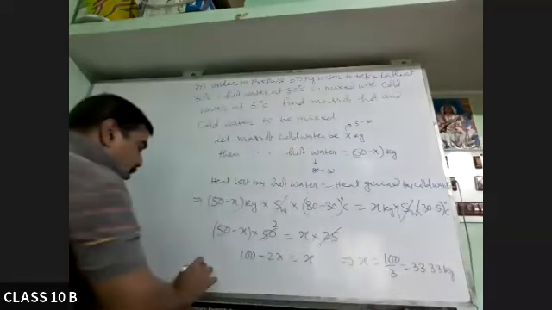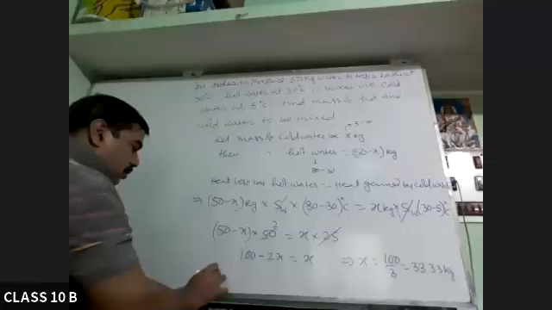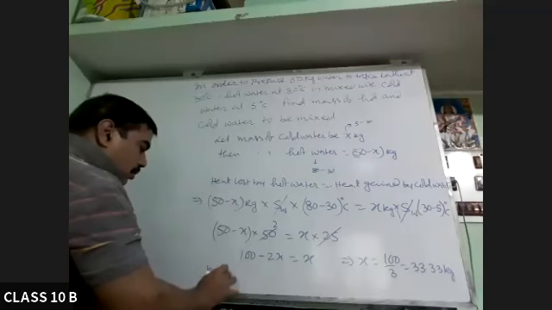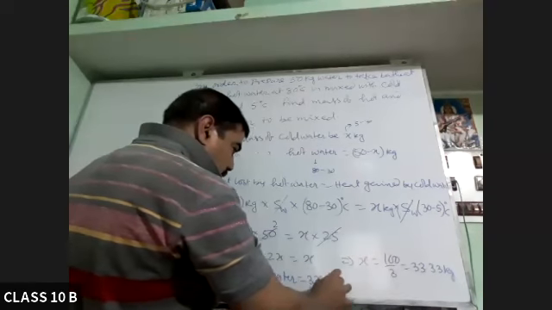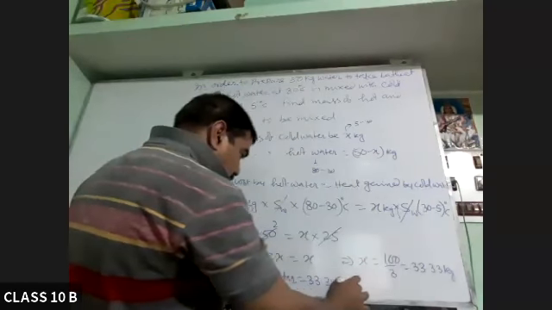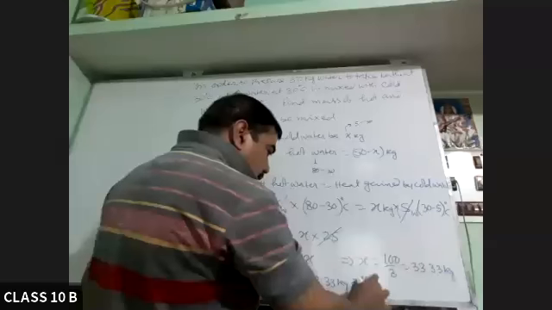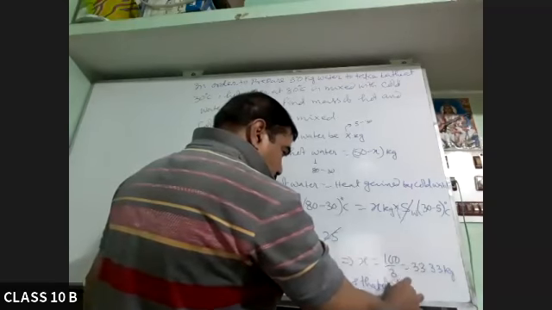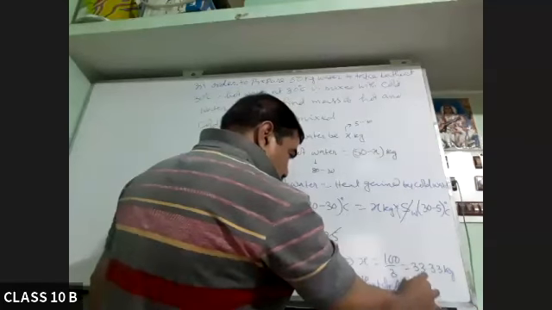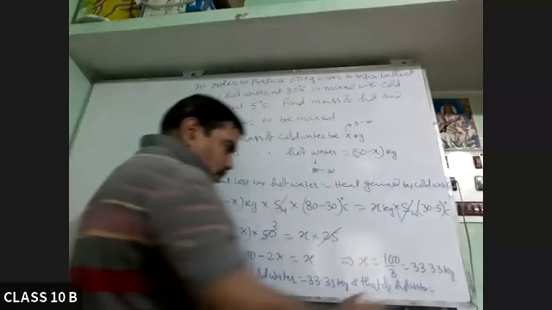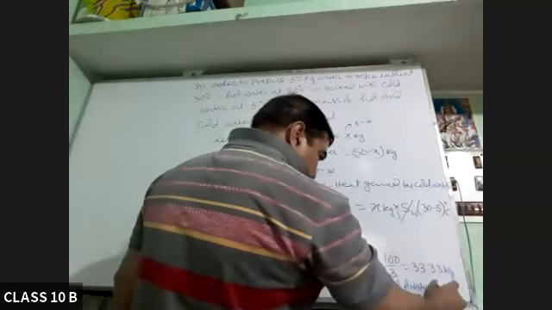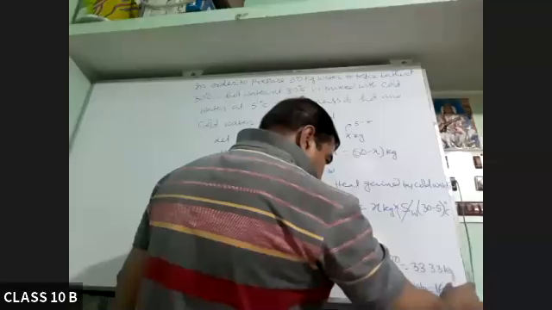So the mass of cold water is 33.33 kg, and that of hot water, 50 minus this, is 16.67 kg.